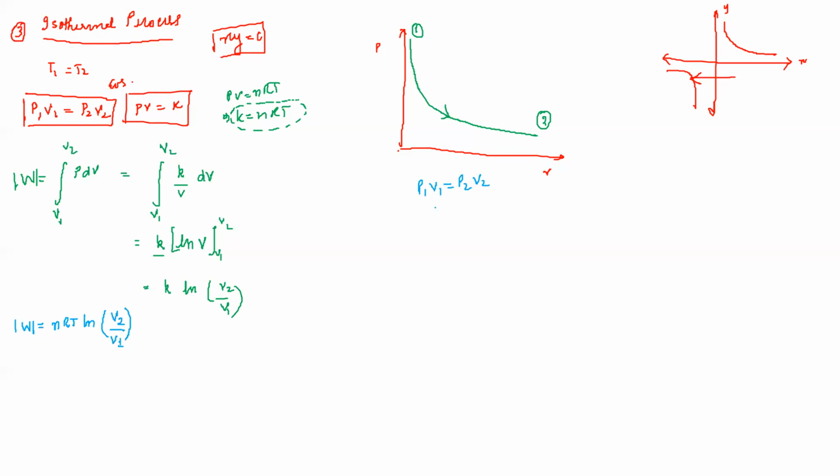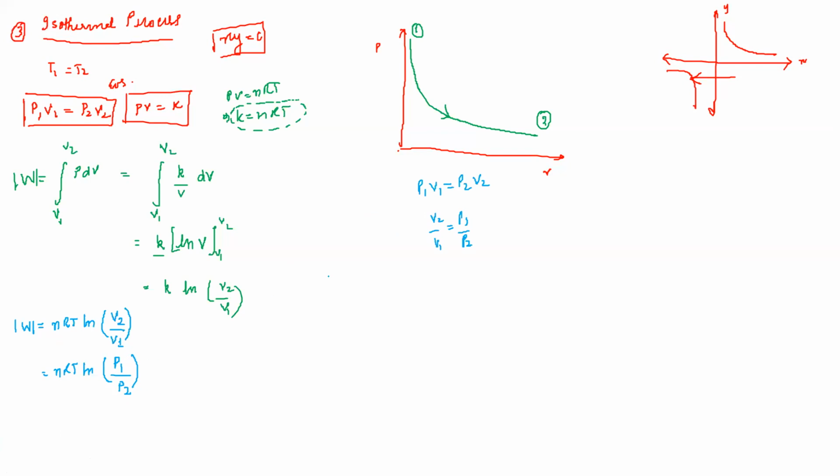Therefore, you will get V2 by V1 is equal to P1 by P2. So nRT ln pressure corresponding to the smaller volume upon pressure corresponding to the larger volume.